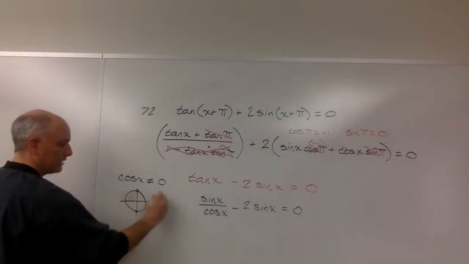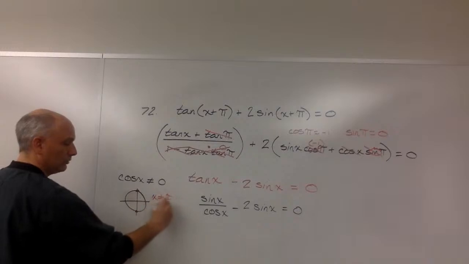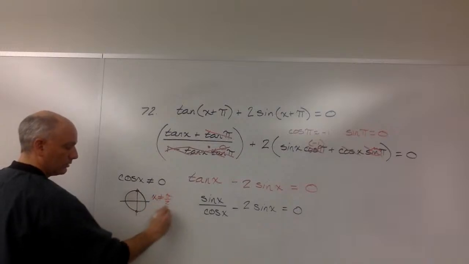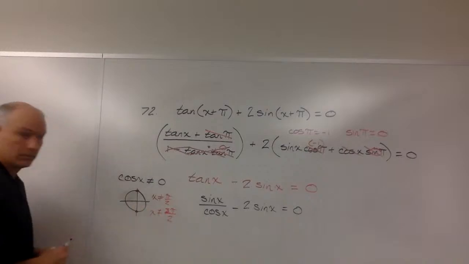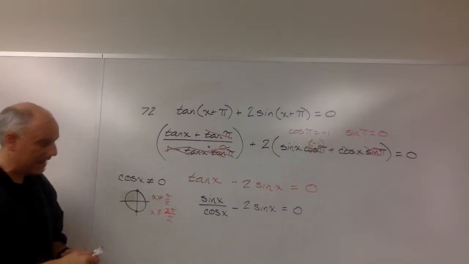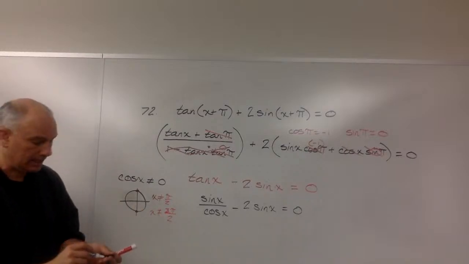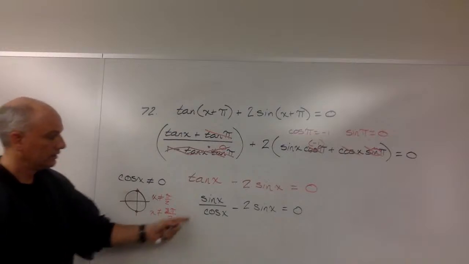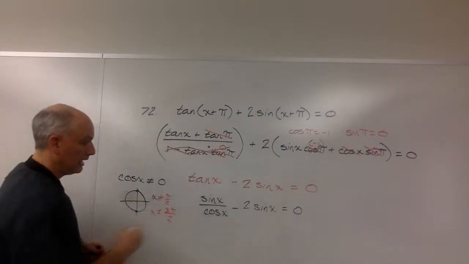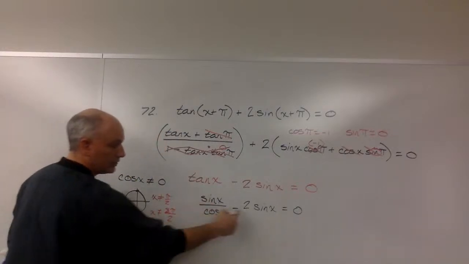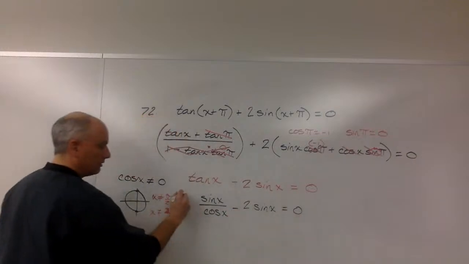So x will not be able to equal pi over 2 or 3 pi over 2. Now, with that happening, I can now essentially clear fractions here. I'm going to multiply every term by cosine of x.